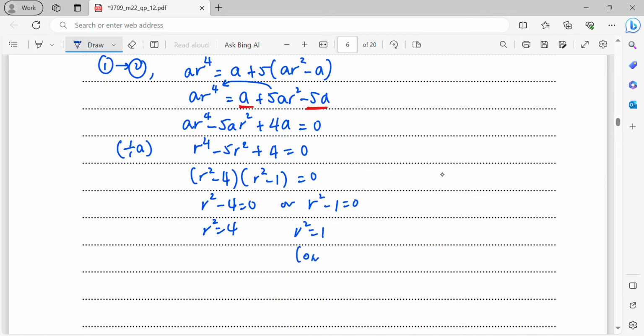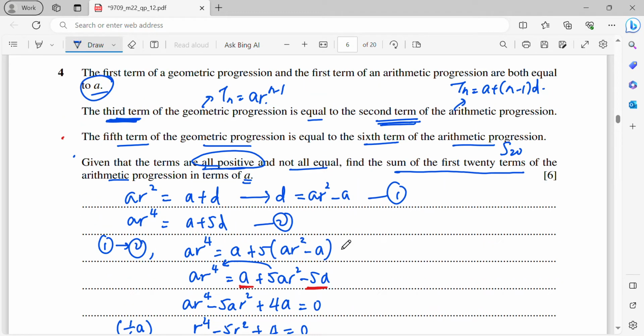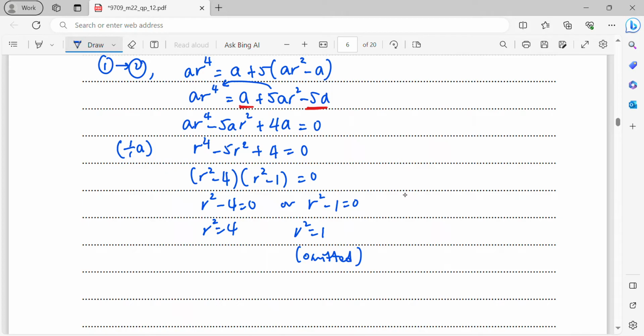So this is omitted. And R cannot be negative, because if R is negative, then you will not get positive terms anymore. So now I get R squared equals 4. That's my conclusion for R squared.